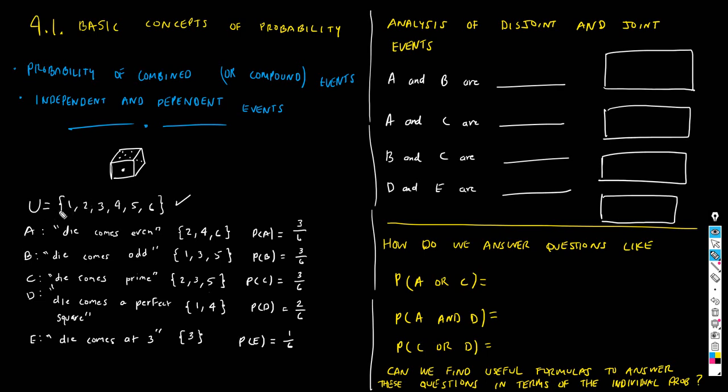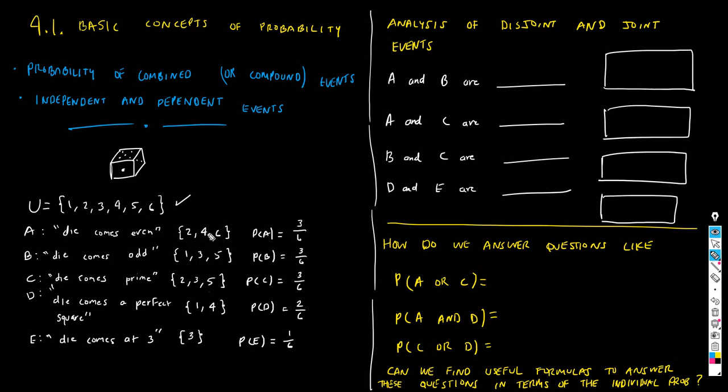Once I have done that, I can define events if I want. In this case, I'm giving you 5 examples. I'm defining 5 events. Event A, the die comes even. What singular outcomes comprise this event A? Well, the outcome 2, the outcome 4, the outcome 6, right?